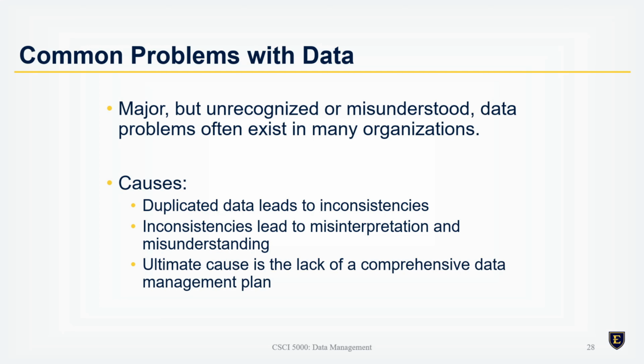First, duplicated data can lead to inconsistencies. If you have, for example, an address that's duplicated from two separate data sources and somebody moves, only one data source is updated. So now you have an inconsistency between data source 1 and data source 2. While they should be in sync, they're no longer in sync. Those inconsistencies then lead to misinterpretation and misunderstanding.